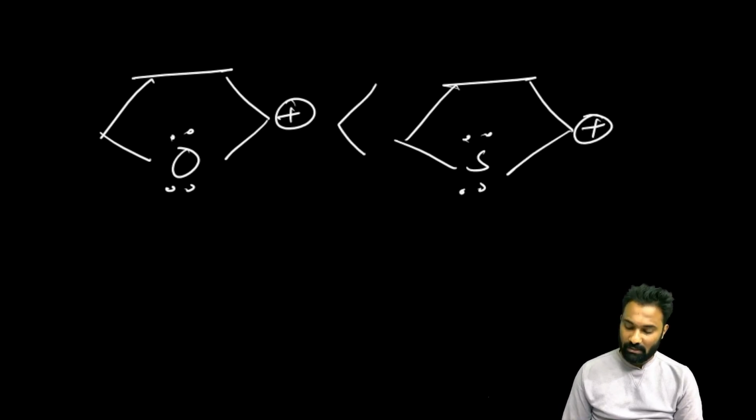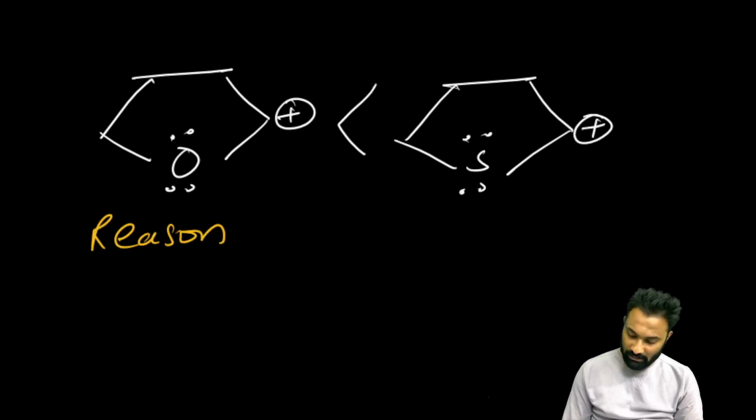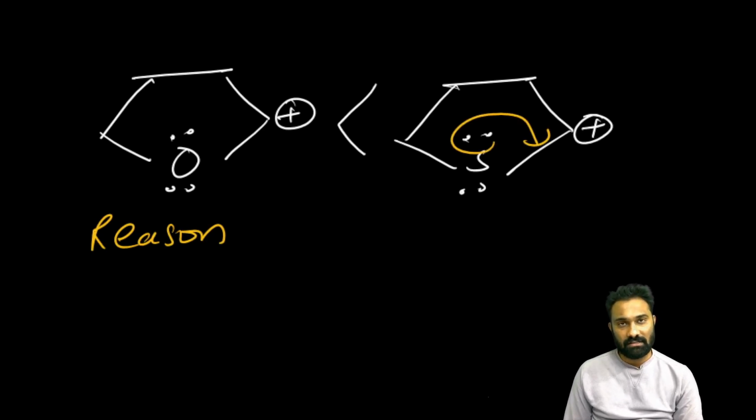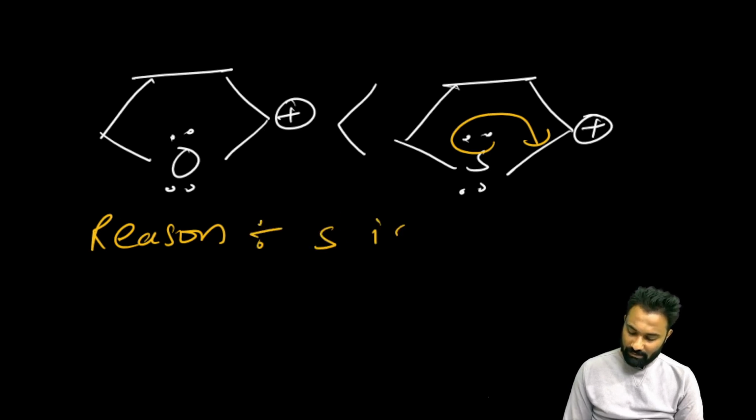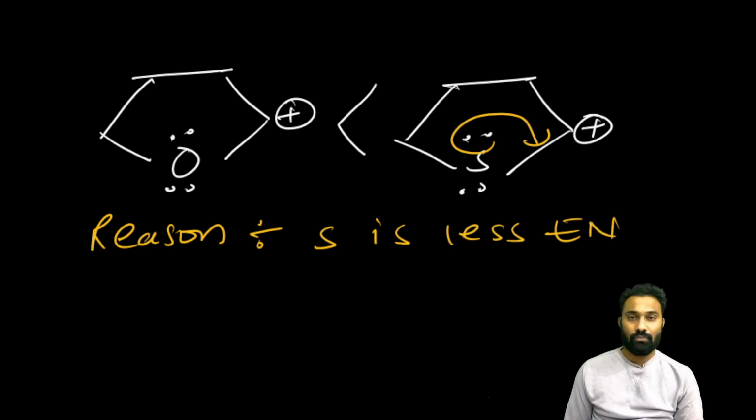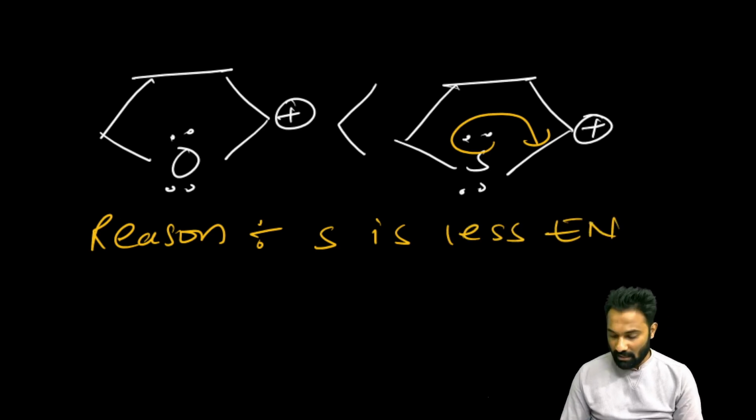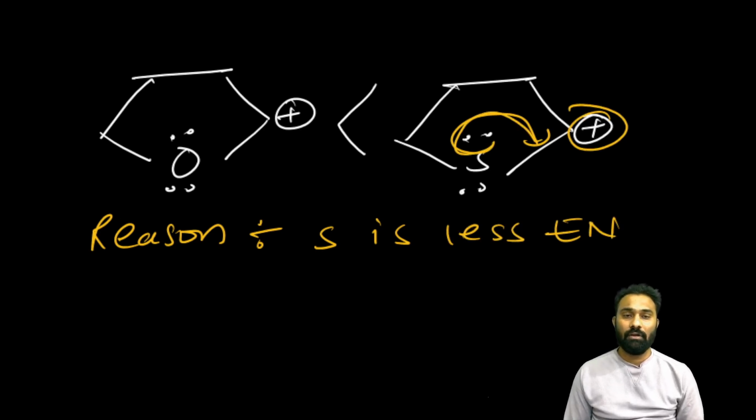So 2 will stabilize the carbocation very fast. Reason: this sulfur is less electronegative and it will release the electrons very fast. Sulfur is less electronegative and it will release this lone pair of electrons very fast and it will stabilize the carbocation very effectively.